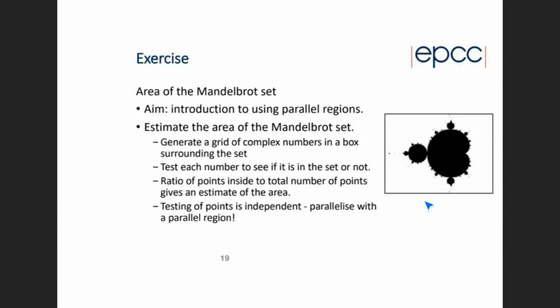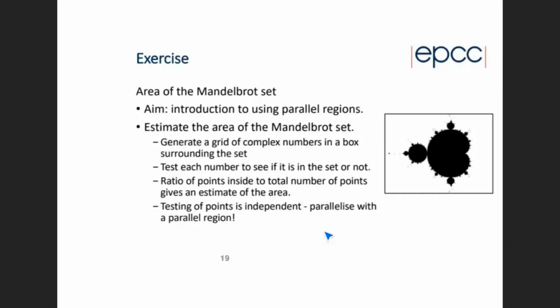The Mandelbrot set, I'm sure you all know, is this very famous fractal. Perhaps surprisingly, for a fractal, it does have a mathematically well-defined area. So we can estimate that by putting a grid of complex numbers in the box that surrounds the set.